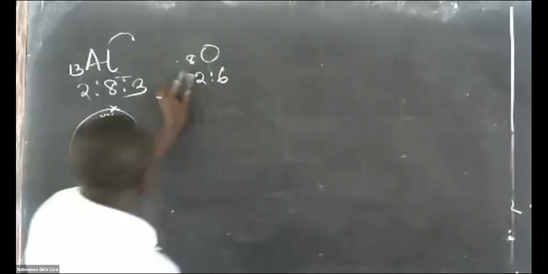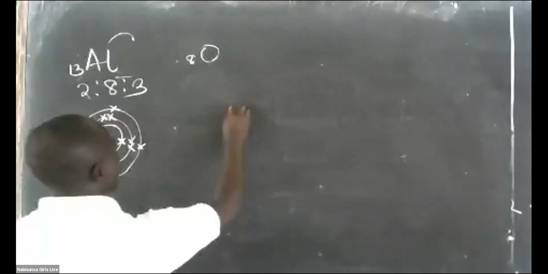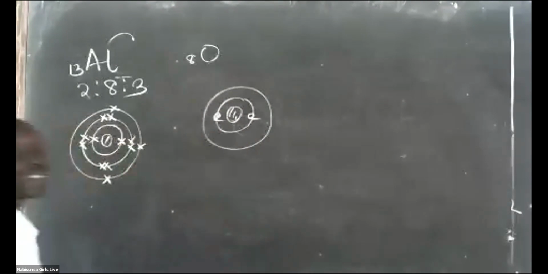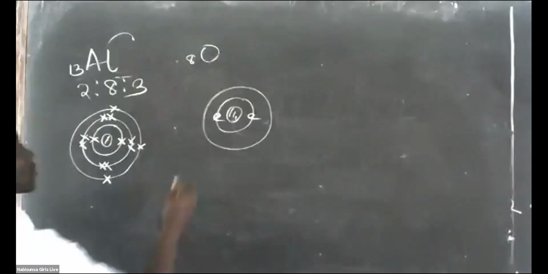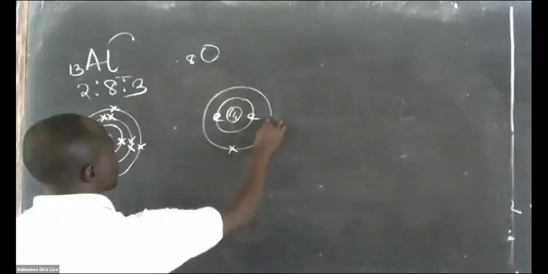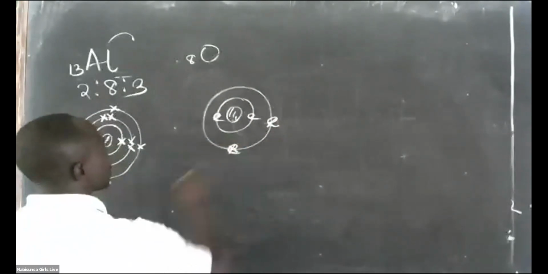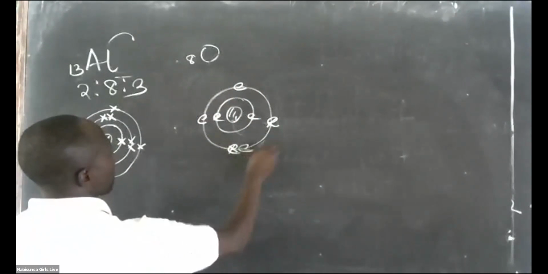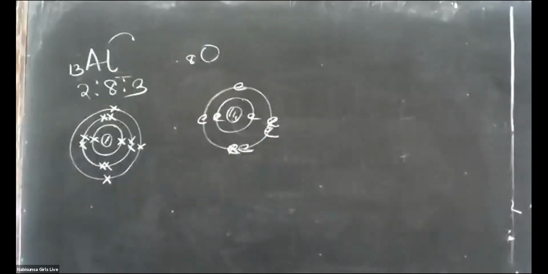Now, if this is oxygen, with 2 electrons followed by 6 electrons: 1, 2, 3, 4, 5, and 6.